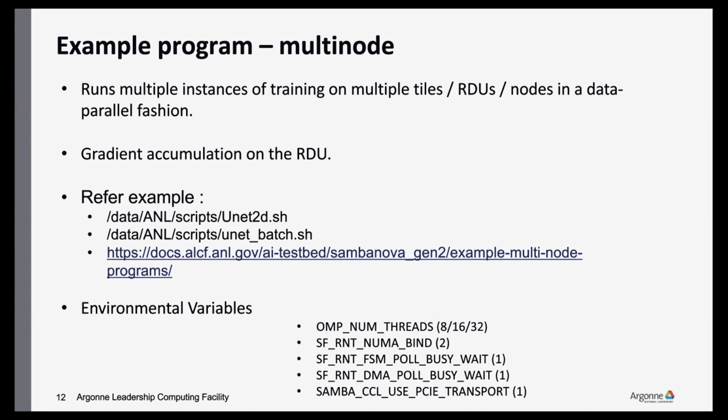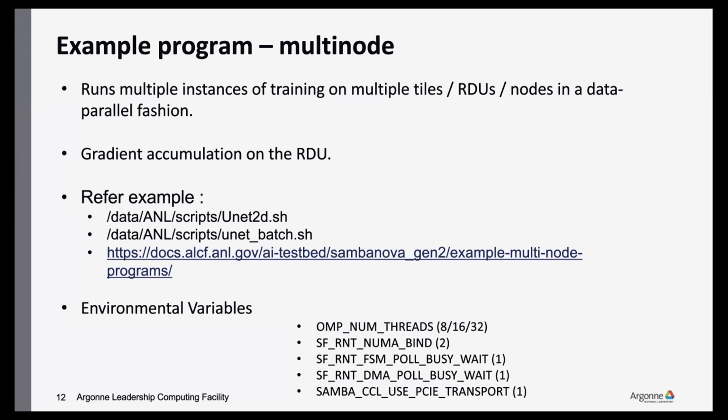But if you want to run your simple program using a data parallel framework, and scale it out across different tiles, different nodes, or even different racks, there are specific things that we need to take care of. And that is what we will see in this section.